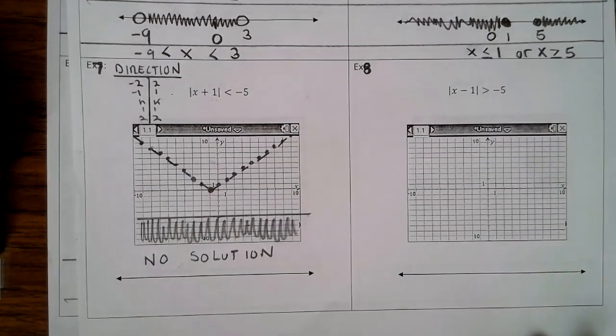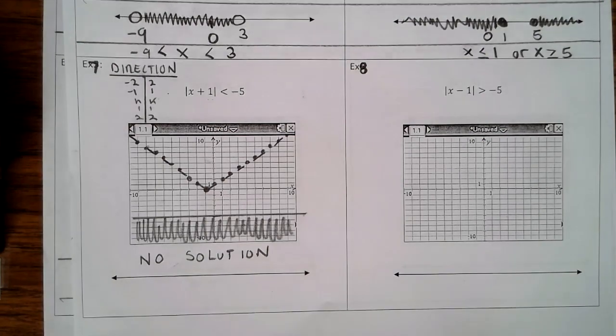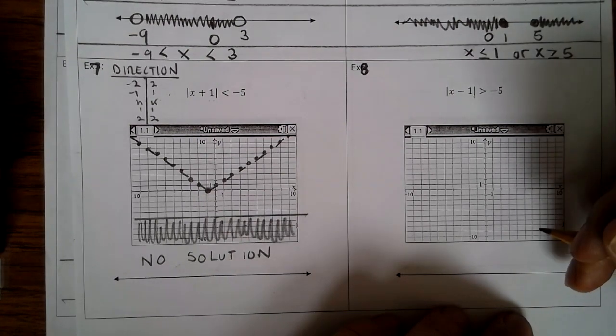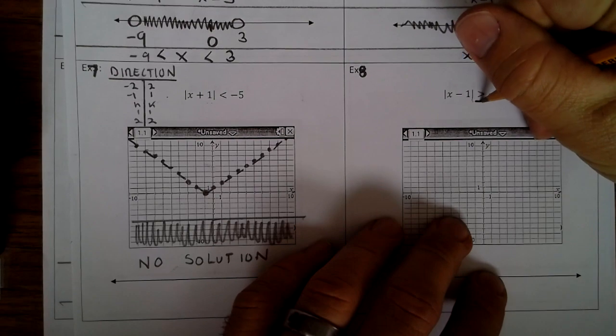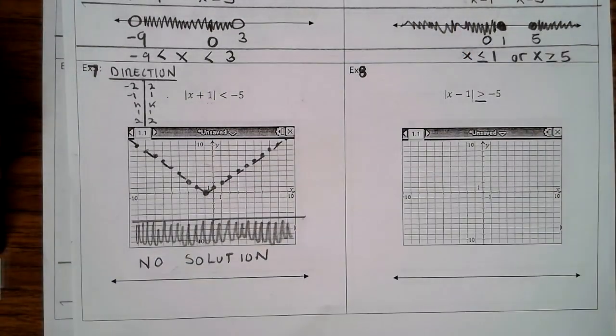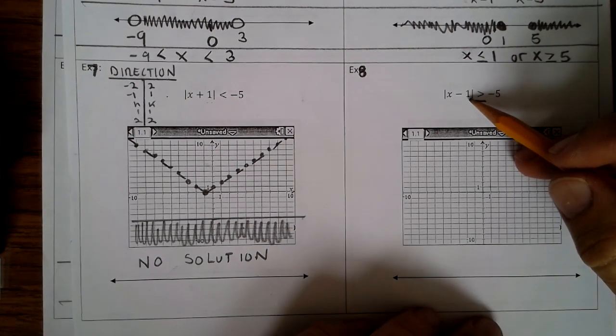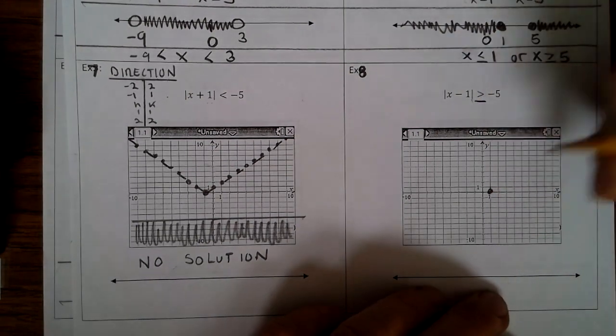Okay, so now let's take a look at example 8. All right, example 8. First step, isolate the absolute value. It's isolated. Now, tell you what, let's make this greater than or equal to. All right, so now we graph by direction. So we move the vertex, so plus 1.